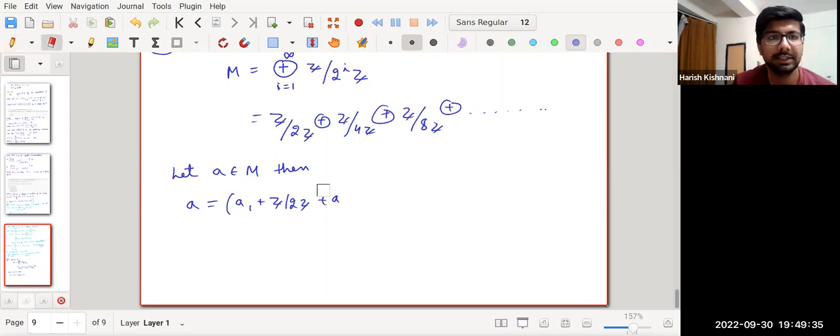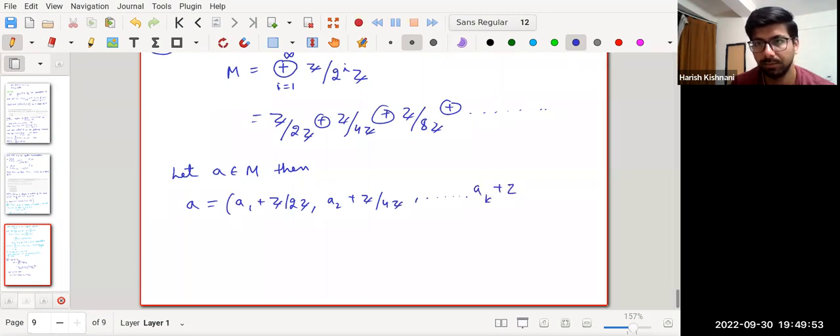So after a certain coordinate, you will have 0 everywhere, because you can have only finitely many non-zero coordinates, by the definition of direct sum.